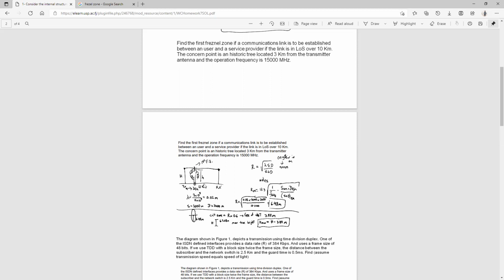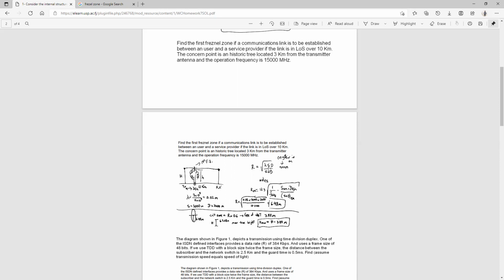So s is from here to here, and d is from here to here. That is for your first frontal zone.